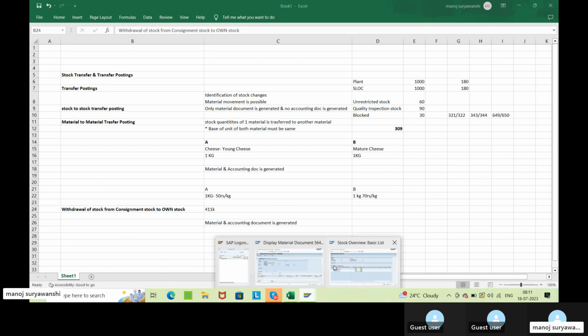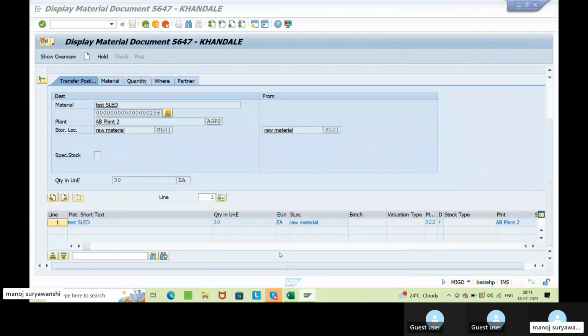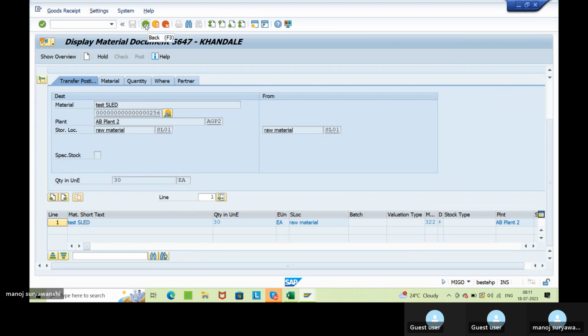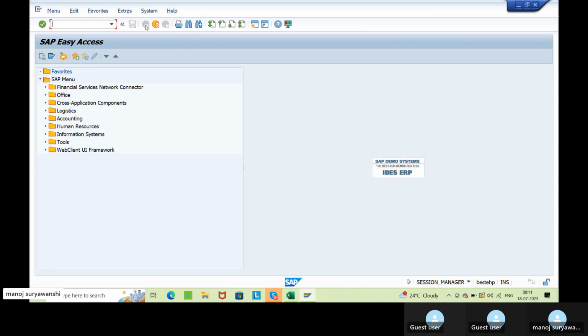Let me see if there is any consignment stock available. Consignment PO.